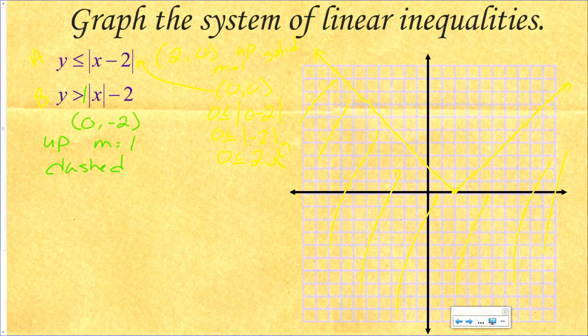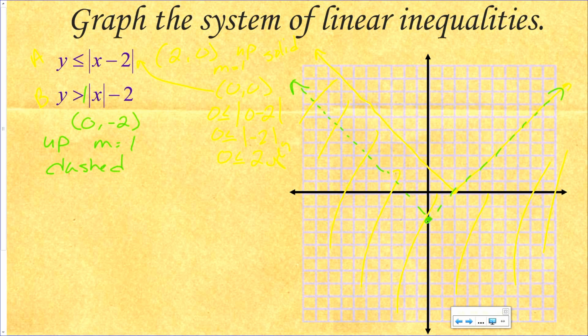So then I'm going to go to where? 0, negative 2 here. And my line becomes this. Uh-oh. So part of it's solid and part of it's dashed. Woohoo! And then I need to pick a point. What point should I pick? 0, 0 is open again.